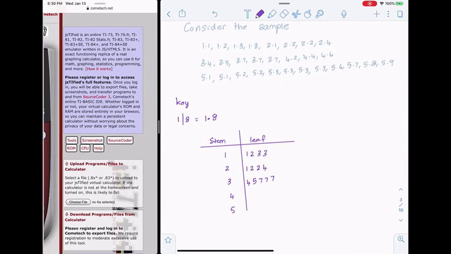In the fours, I have 4.2, 4.4, 4.6. In the fives, I have 5.1, 5.1, 5.2, 5.2, 5.3, 5.3, 5.3, 5.3, 5.6, 5.7, 5.8, 5.9.